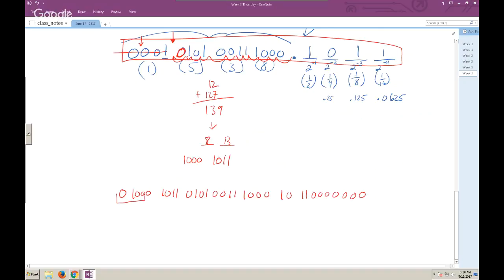Okay, let's convert it. So what do we have? Awesome. 45A9C580.